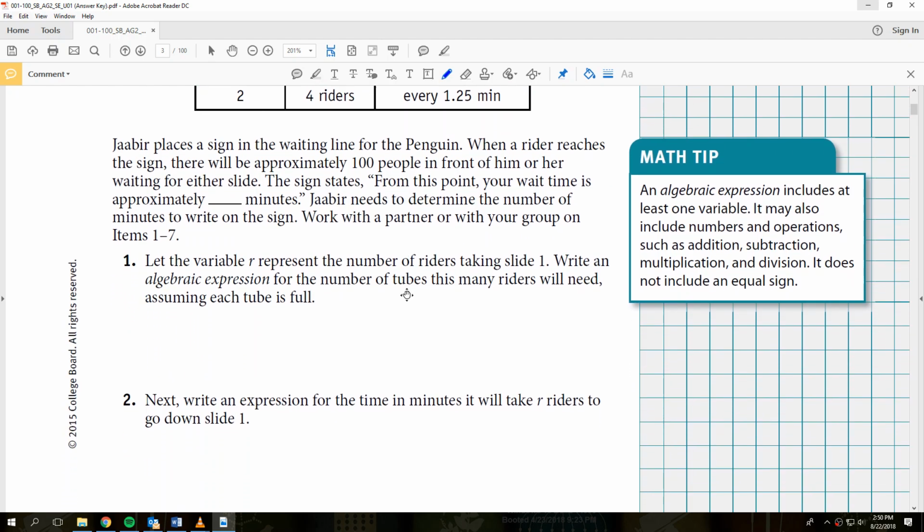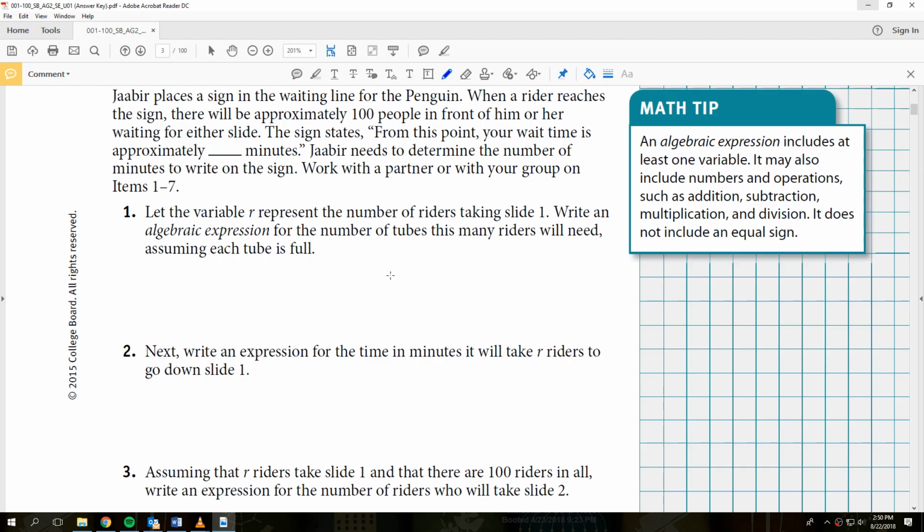In this case, obviously, we're not working with a partner. Okay, so we're going to let the variable r represent the total number of riders who are going to take slide 1. We're going to write an algebraic expression for the number of tubes this many riders will need, assuming each tube is full, meaning on slide 1, two riders go down every single time.